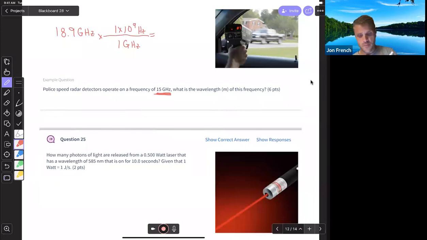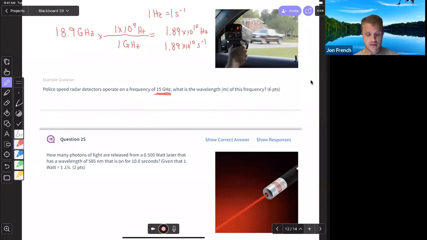So that is 1.89 times 10 to the 10 hertz. And we know that 1 hertz equals 1 inverse second, so we can go directly from hertz to inverse seconds. So I've got 1.89 times 10 to the 10 inverse seconds.